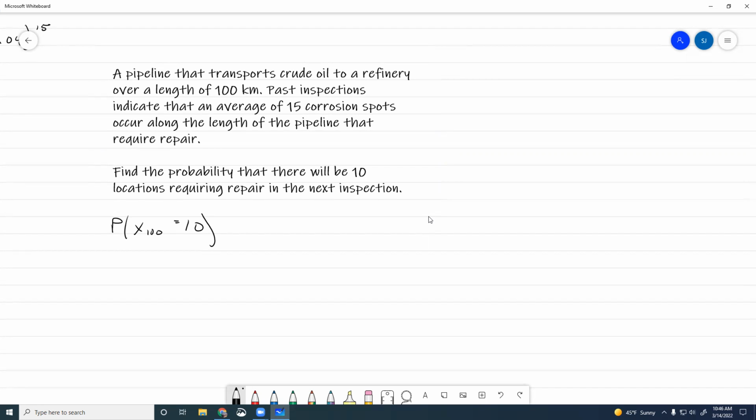And we'll calculate our rate. What is the rate here? In this case, it's number over length. So 15 over 100 kilometers, 0.15. Then we plug this into our equation, (nu t) to the x over x factorial, times e to the negative nu t.